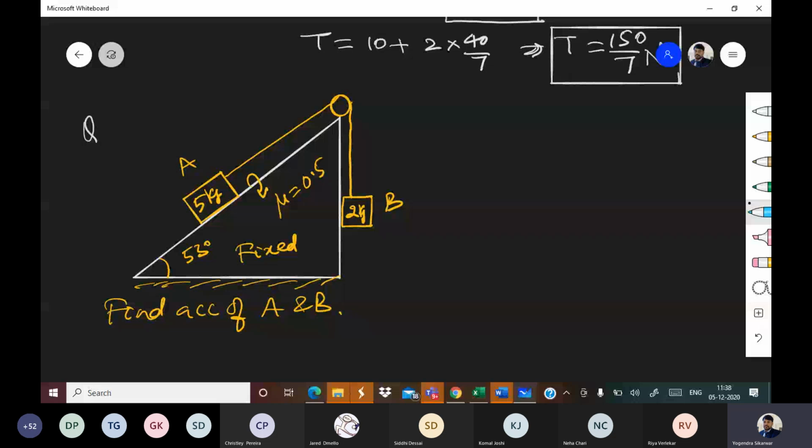Deepika, your answer is 50/7. Okay. Pay attention.